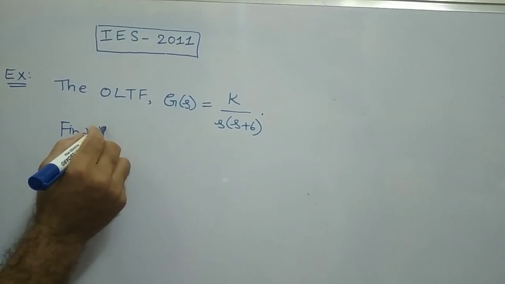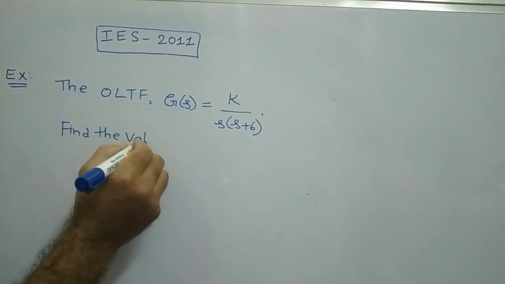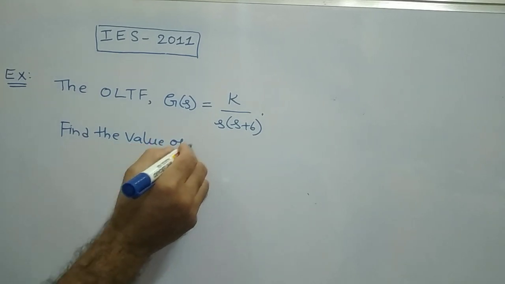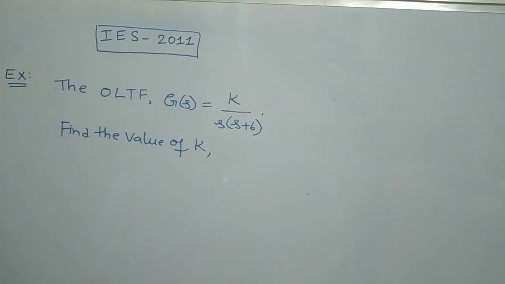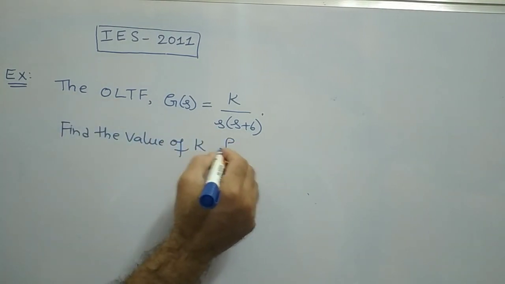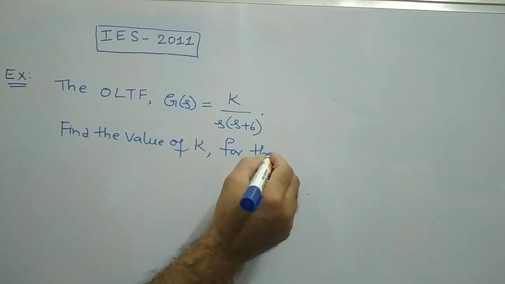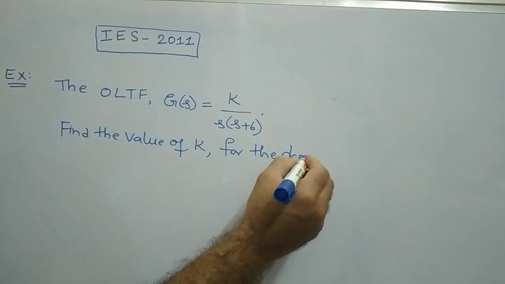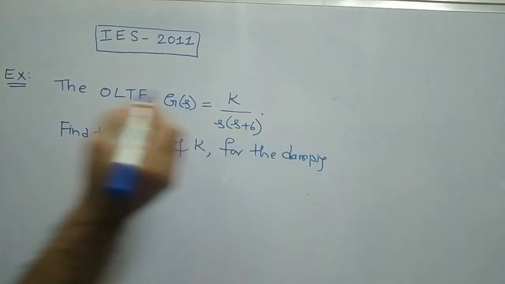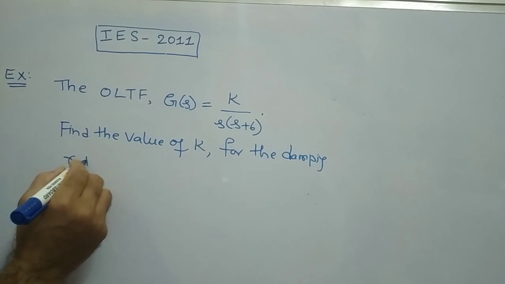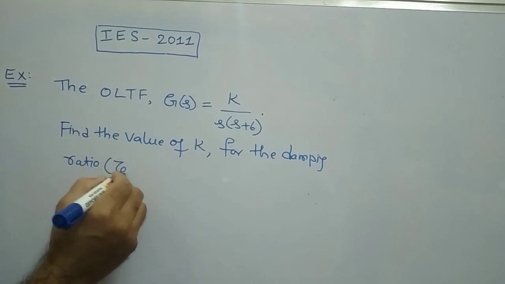Find the value of k for the damping ratio. What is damping ratio in general? Zeta, no?